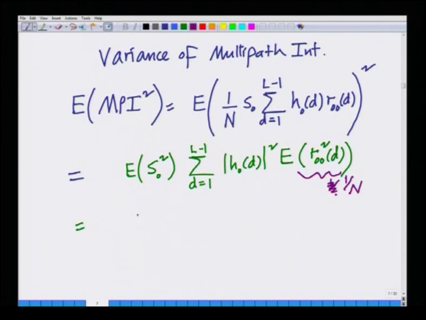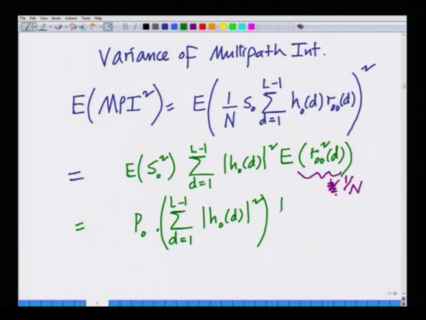Hence, this is equal to P0, the power of user 0, times summation d equals 1 to L minus 1 H0 d square into 1 over n. So, I will write this as P0 over n summation d equals 1 to L minus 1 H0 d whole square. Alright, so this is the expression for the multipath interference power.